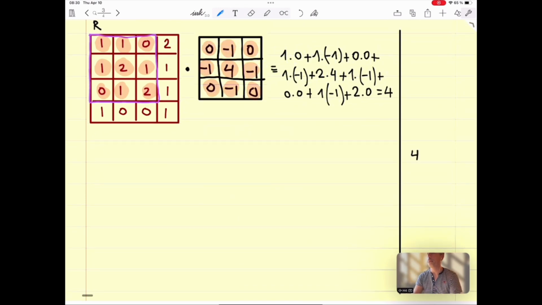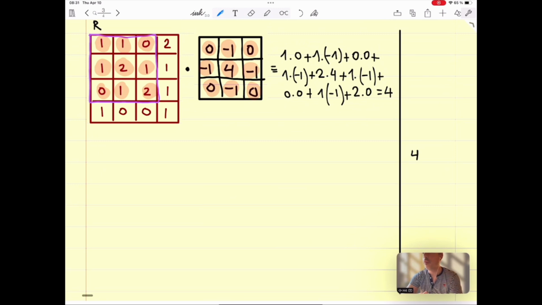Any questions on how I did this? I try to be very slow. Yes, we start in the top left part.